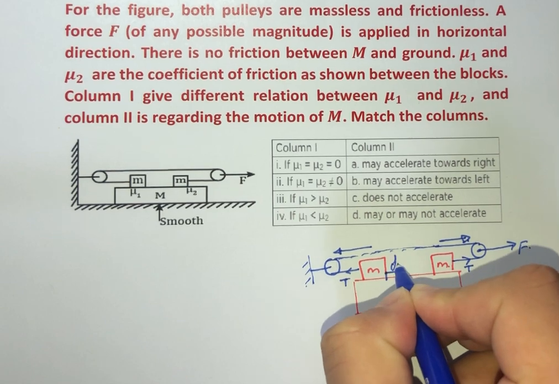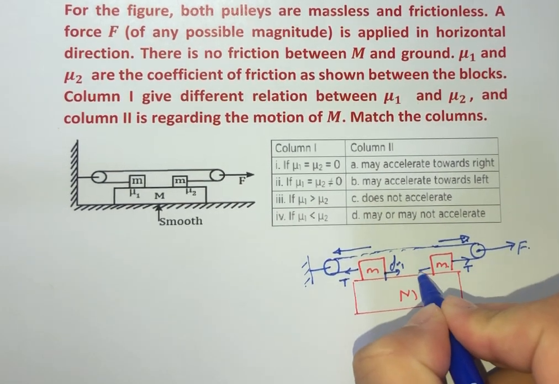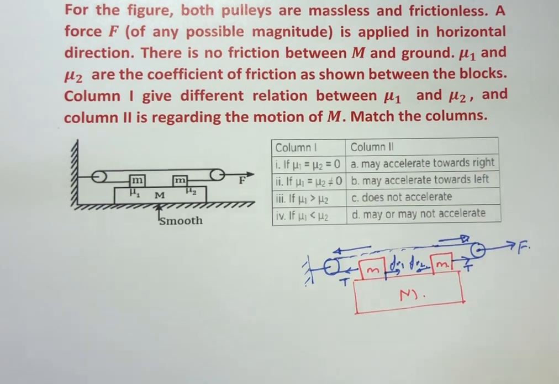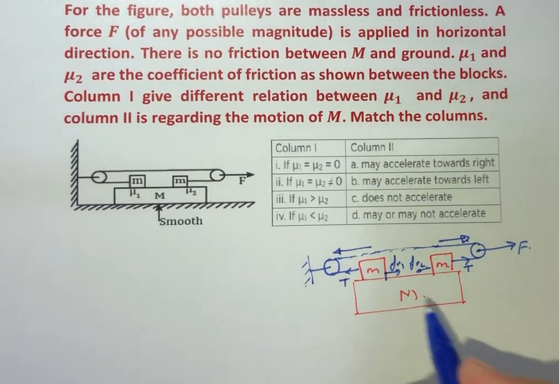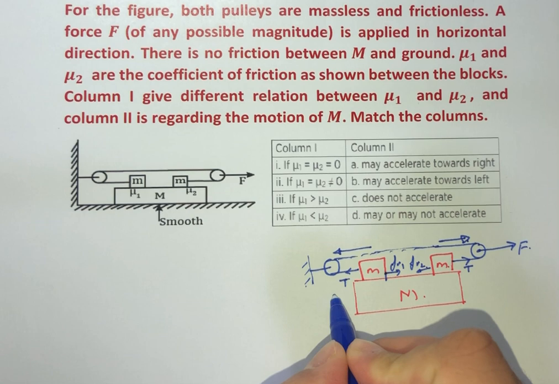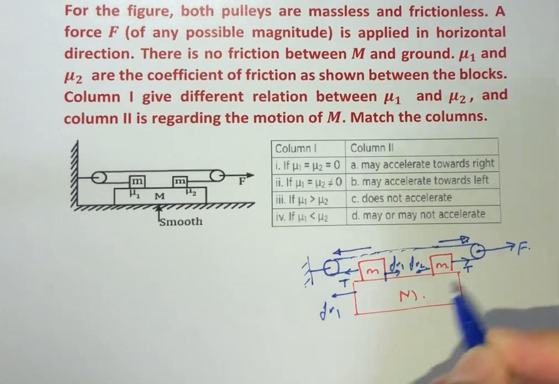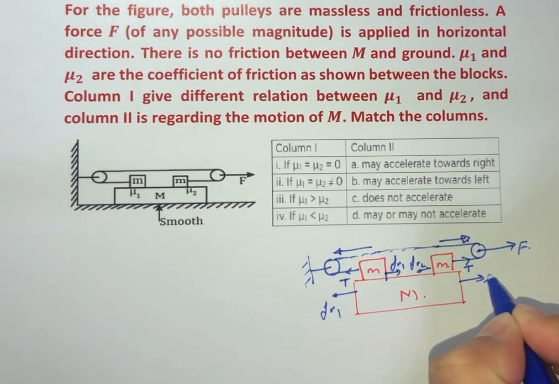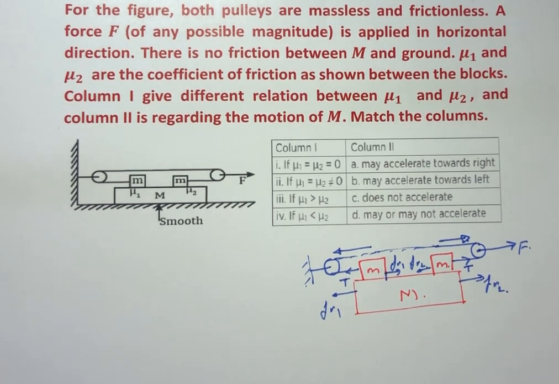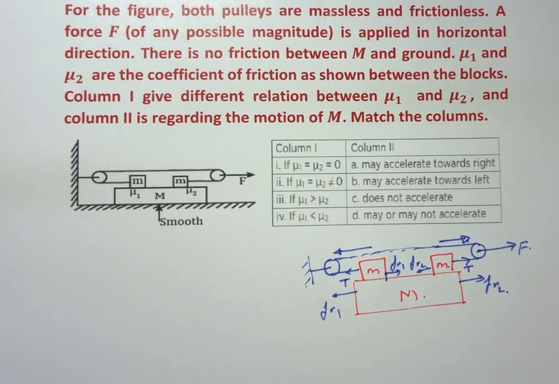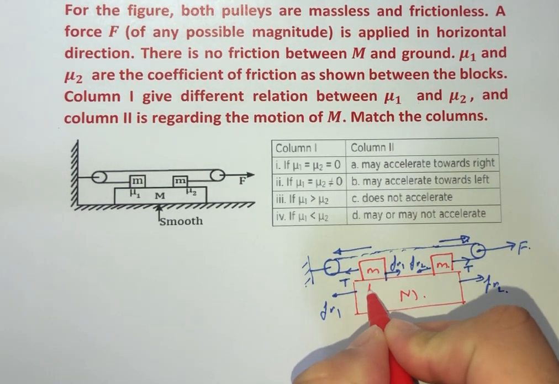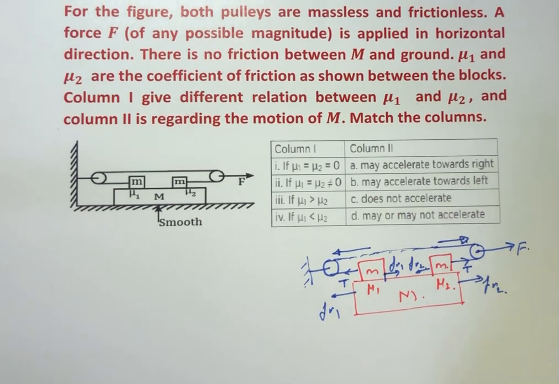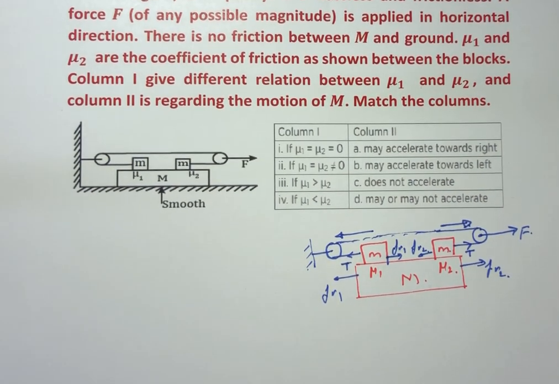Let us call this FR1, and here it will be FR2, and because of that there will be an opposite friction here, FR1, as well as here, which will be FR2. So these are all the forces acting, and the coefficient here is mu1 and here it is mu2. And force is being applied towards the right side.